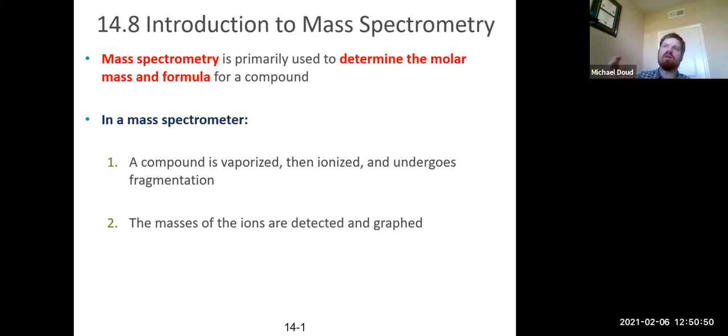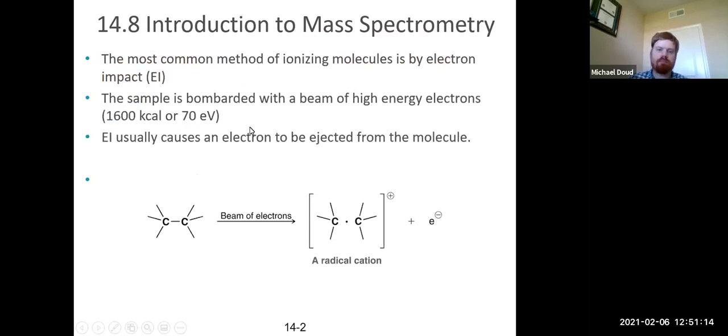If it's a very massive compound, it's going to go farther through the magnet because it's harder to pull. Whereas if it's a lighter compound, the magnetic field is going to have a stronger effect on its movement, so it's going to hit the detector earlier. Then based on that charge to mass ratio, you detect and graph those masses.